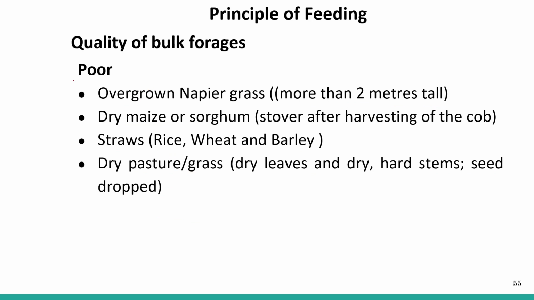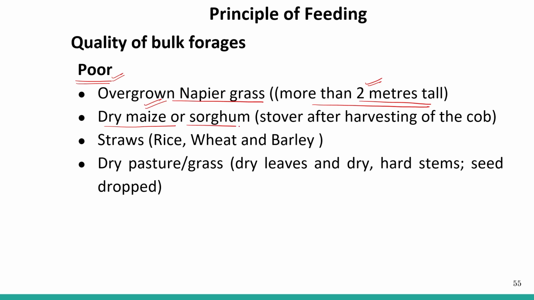Poor quality supplementary feeds: overgrown napier grass, so more than 2 meters tall. When they are so tall, that is overgrown napier grass, it contains poor quality nutrients.